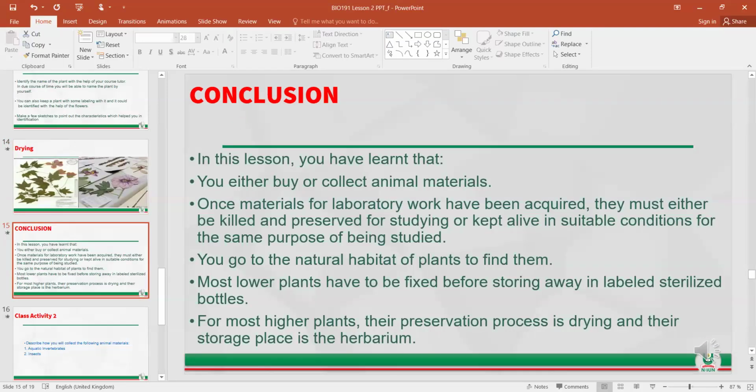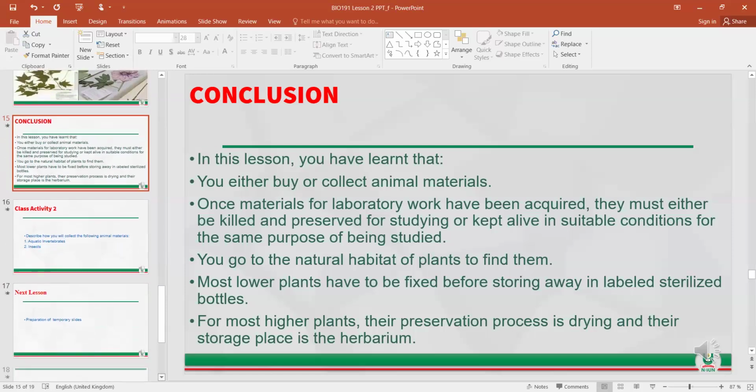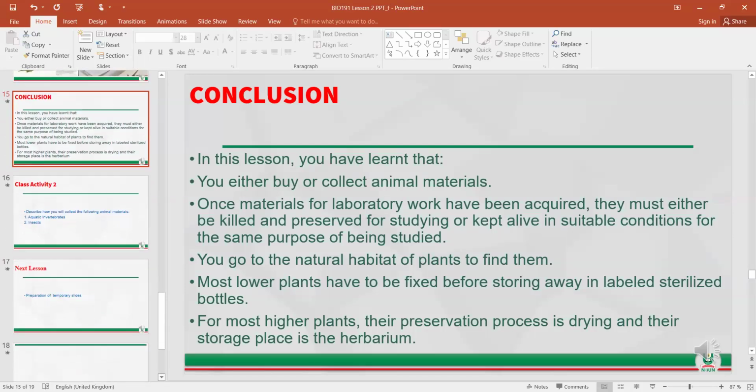In conclusion, in this lesson, you've learned that you either buy or collect animal materials. Once materials for laboratory work have been acquired, they must either be killed and preserved for studying or kept alive in suitable conditions for the same purpose of being studied.